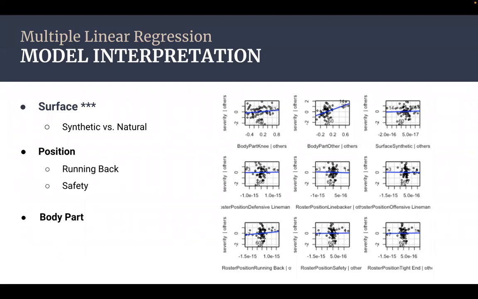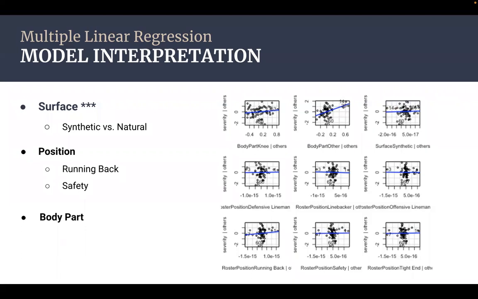In both practices and games, the players are doing a lot of route running and cutting maneuvers, so to say. In addition, running backs also get hit the most on the field, and safeties are constantly trying to mirror wide receiver routes, which is also, again, lots of quick changes in motion and weight distribution, which, as we know, can definitely lead to lower body injuries here.